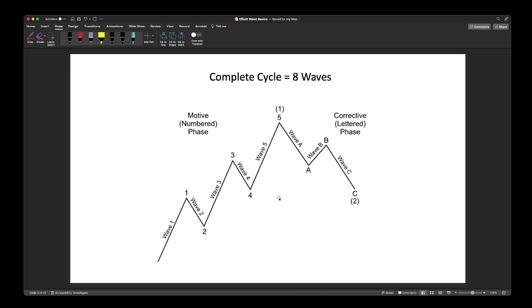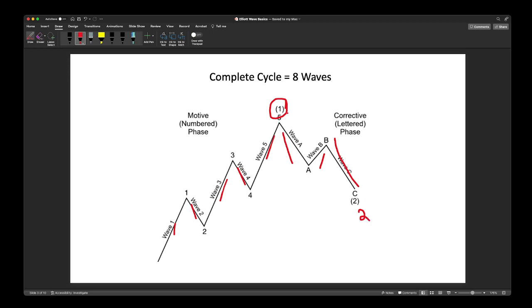In a complete cycle, you have a total of eight waves, and they're labeled as follows. We got 1, 2, 3, 4, 5 waves to make one pattern, and then we have A, B, C to make the second pattern.